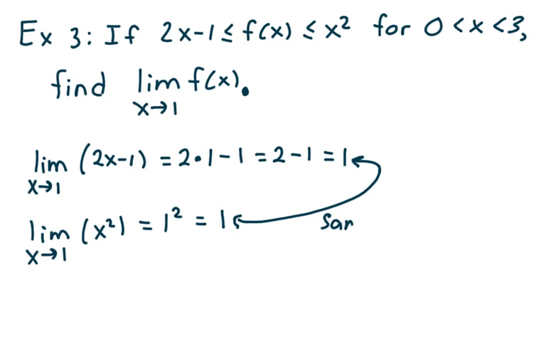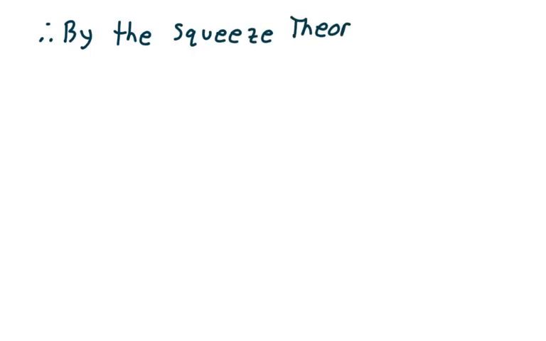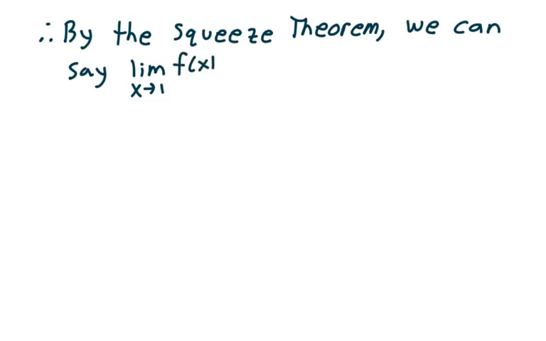They're the same. So, therefore, by the squeeze theorem, we can say that the limit as x goes to 1 of f of x is also equal to 1. That's how we do example 3.